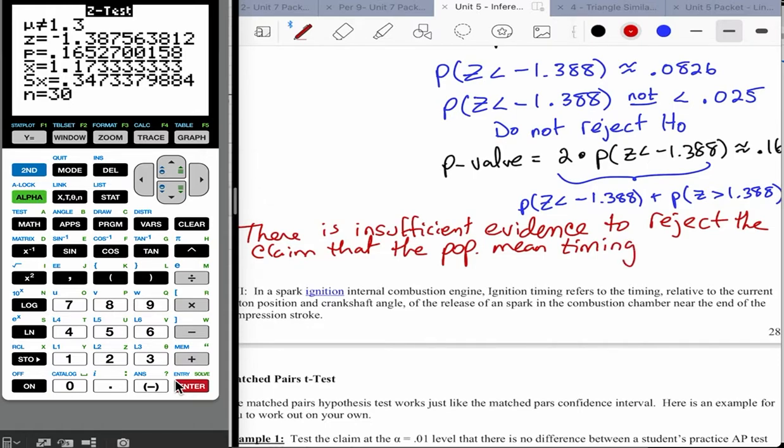I mean, if you were writing this up for a journal, or doing a project, you'd be more specific. You would say the population mean spark plug timing. But you have the framing of the question. We know what timing represents now, so we could just say timing is 1.3 seconds at the 0.05 level.